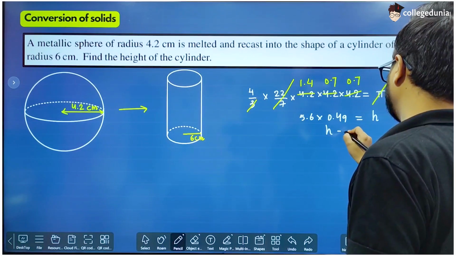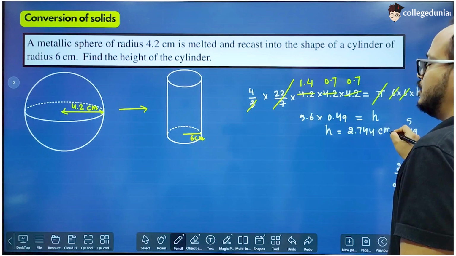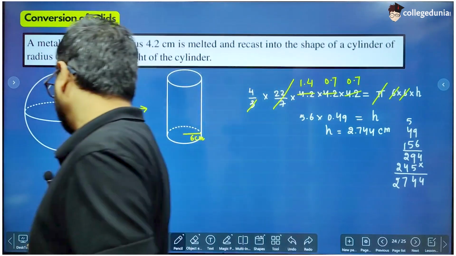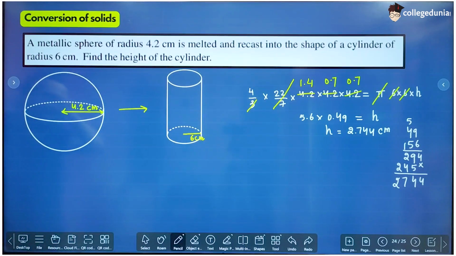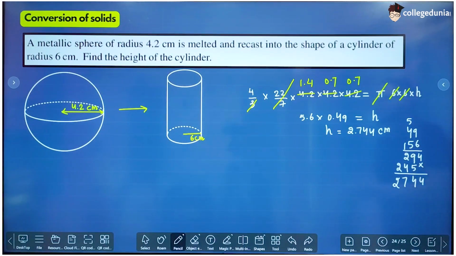So height is 2.744, and that was in centimeter. So height is 2.744 centimeter. Next.